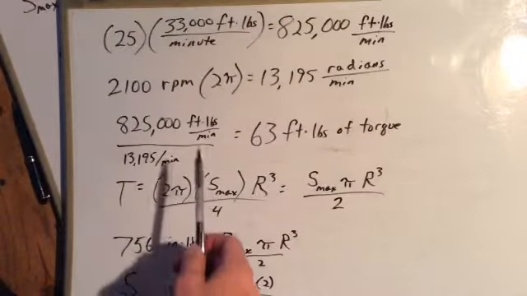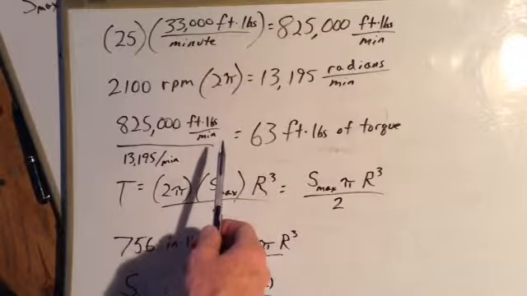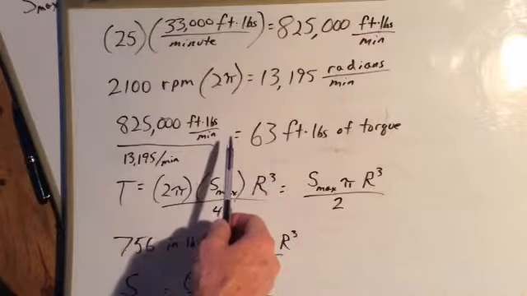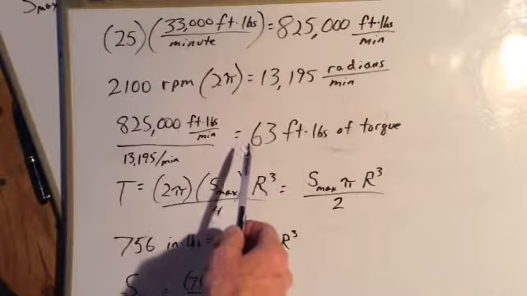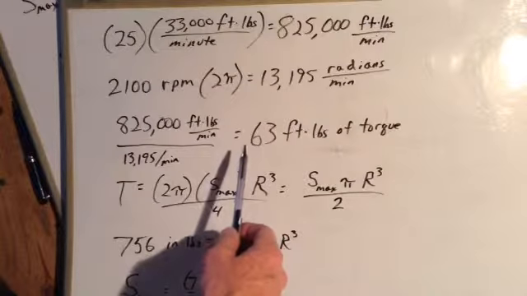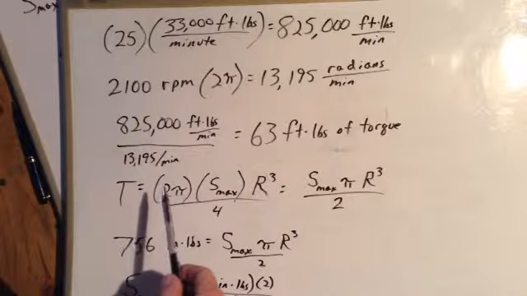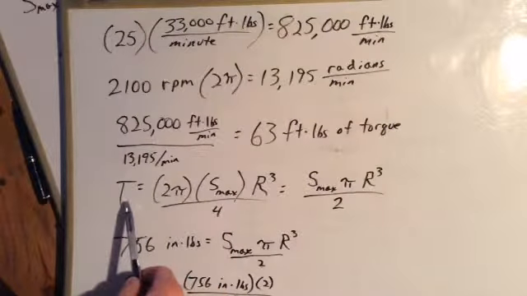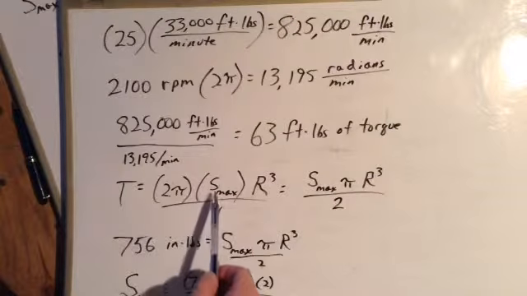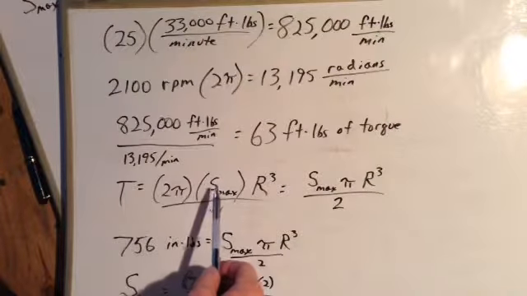For a more in-depth explanation of this, go to the calculus lesson, part 9. The first 2 minutes explains it a little better. Here's the formula that relates shaft torque and stress in the shaft.